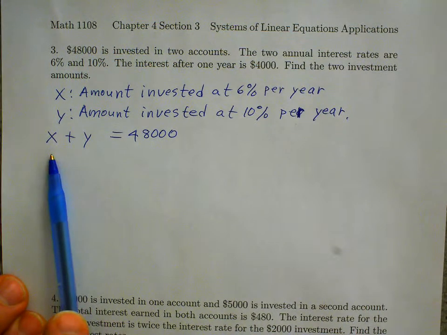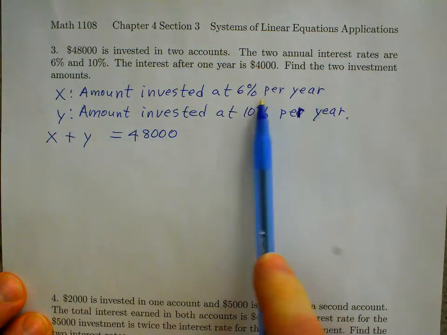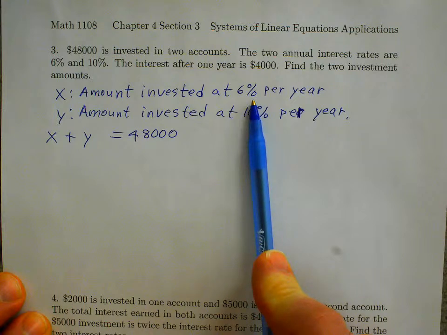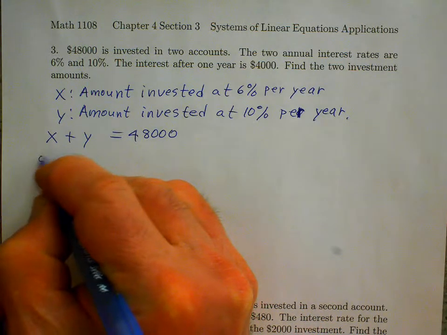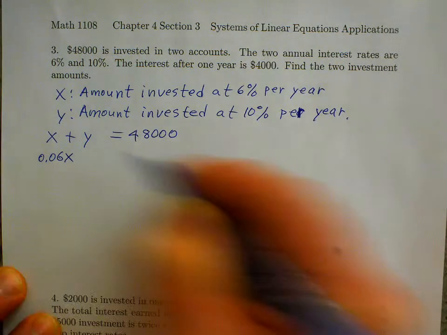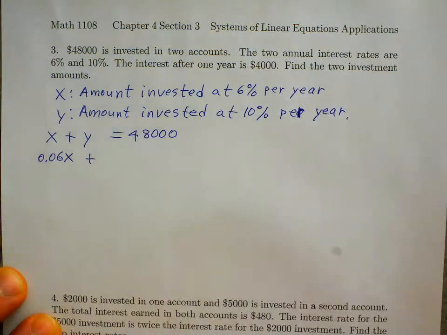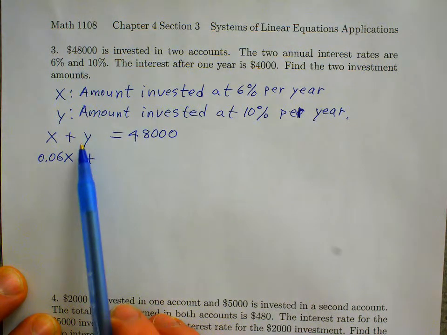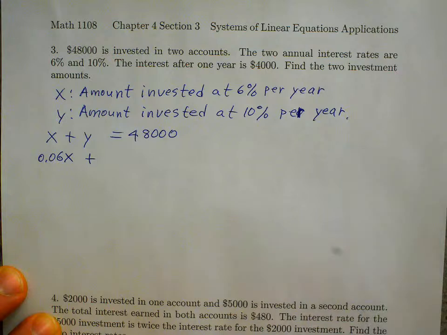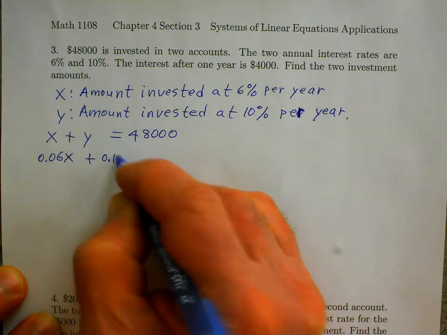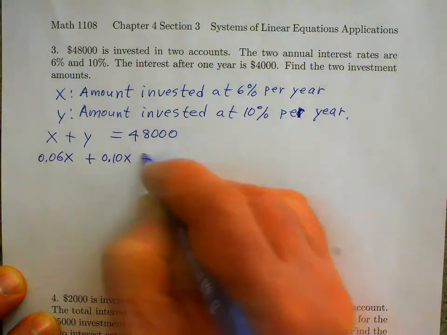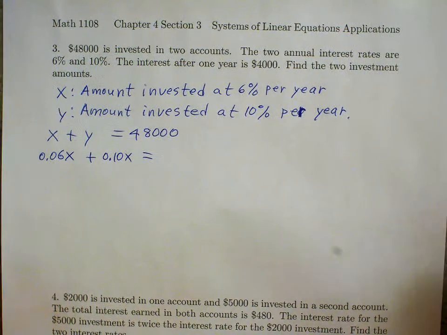If X dollars earns interest at the annual rate of 6%, then after 1 year, the amount of interest is 0.06 times X. Then we add that to the amount of interest that Y dollars earns at 10% per year. So we write plus 0.10Y. And what should go on the right-hand side of the equation?